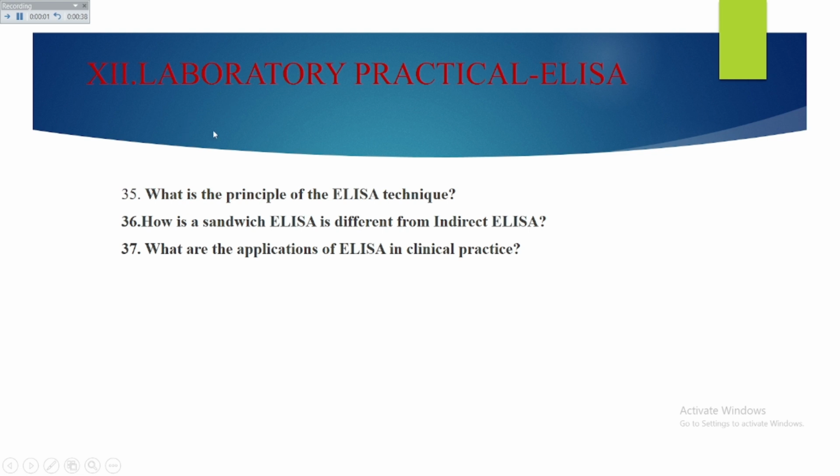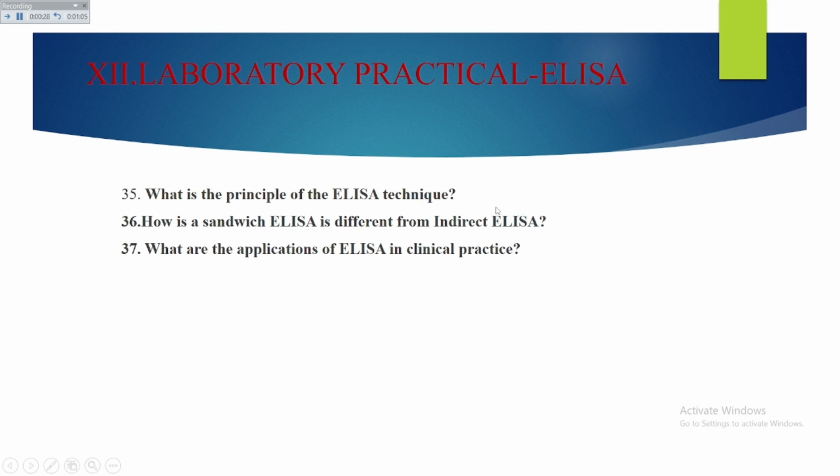To understand the laboratory practical ELISA well, I prepared three questions. The first question is: what is the principle of ELISA techniques? This will help us understand how the technique works. The second is: how is a sandwich ELISA different from an indirect ELISA?